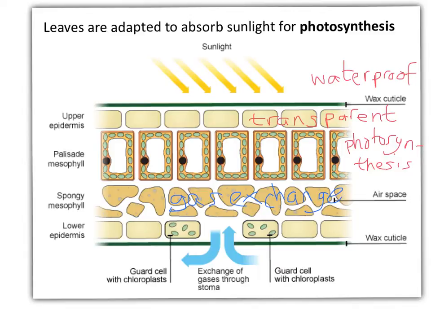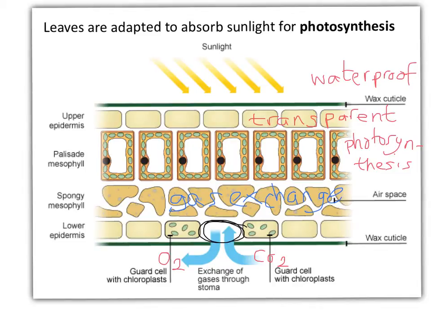In this diagram at least, we've got two guard cells which basically control the stomata, and the stomata is just simply a pore that allows gases to go in and out. So for example, in the case of photosynthesis, CO2 would be going in and oxygen would be coming out.